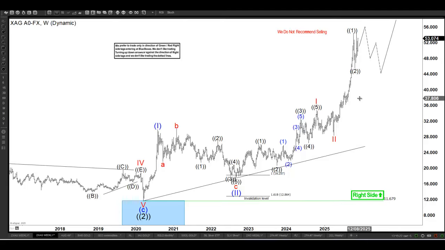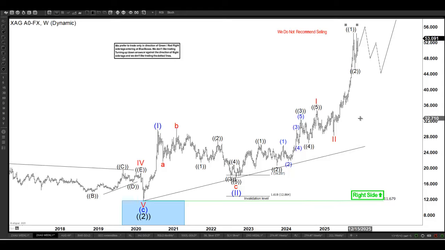Right? You don't sell because Elliott Wave suggested it. You understand that, Laster? You agree?